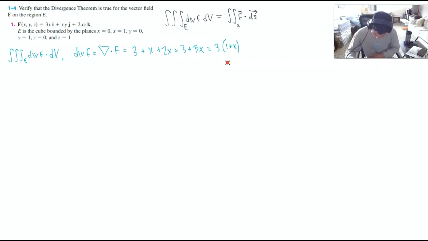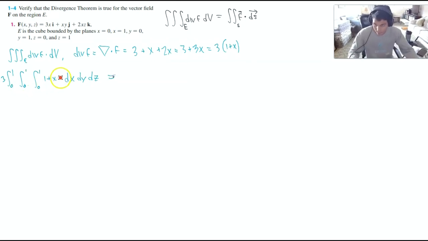So then we put that in our integrand: 3 times (1 plus x) dx dy dz. And they already give us the bounds here. Look, they're all from 0 to 1. Thank God, that's really nice.